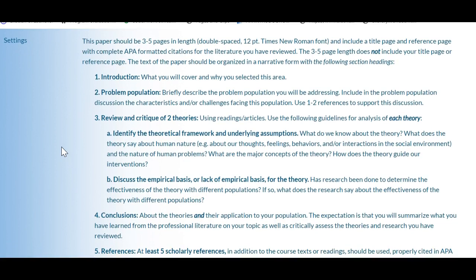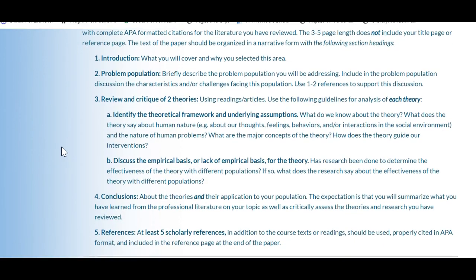The paper should use the following section headings. It should be a narrative format as opposed to a bullet-pointed list. Your introduction: what you will cover, and why you selected this area. So just a summary of what you're going to cover and why. Your problem population. You'll describe the problem population.